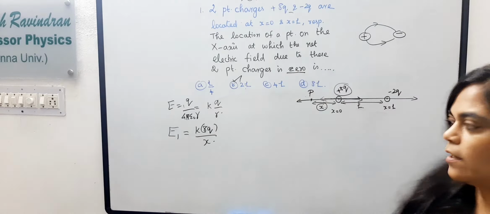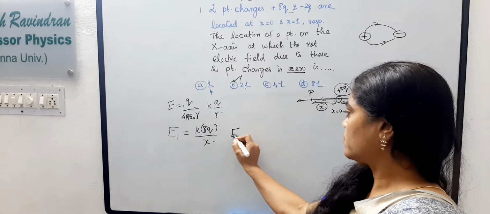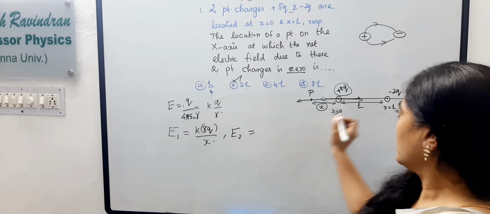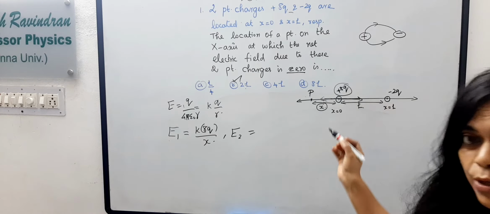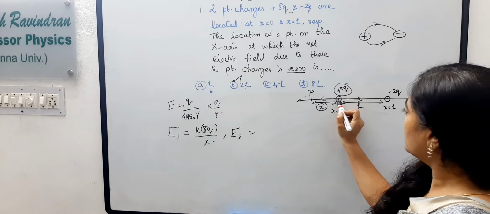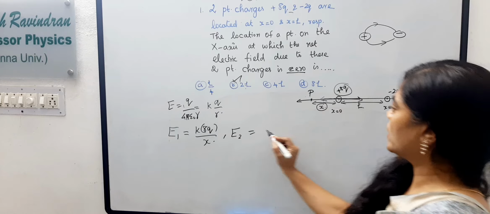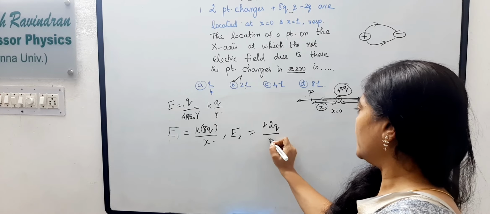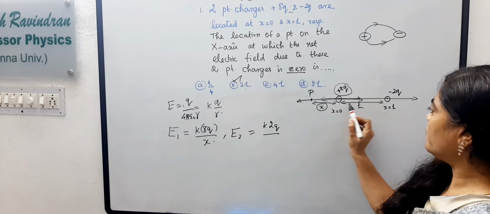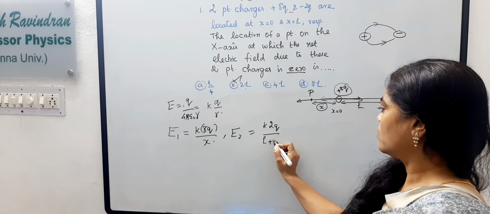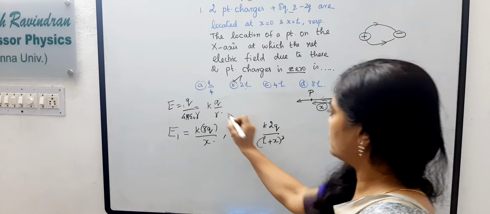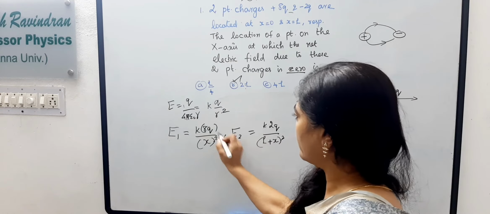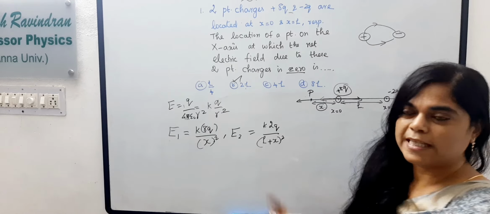This is E1. What is E2 now? E2 is K, and minus 2q is the magnitude, but its direction is towards the point P. So, here also K into 2q by, what is the distance? L plus x, the whole square. So, this is the equation.